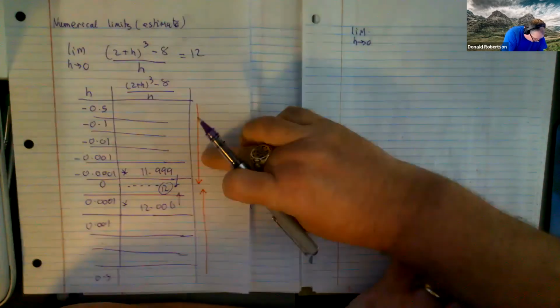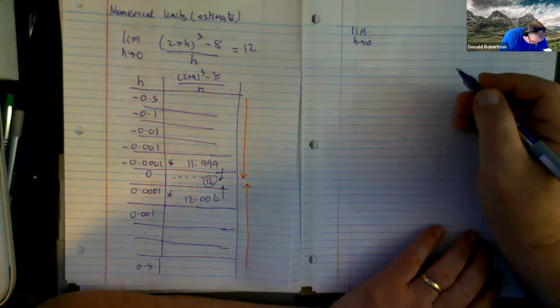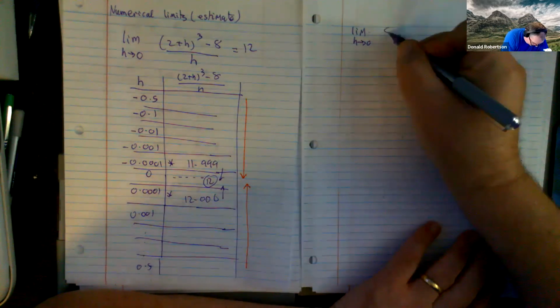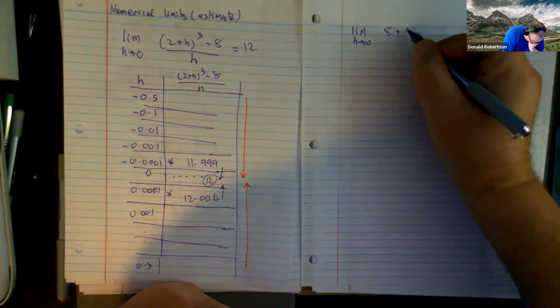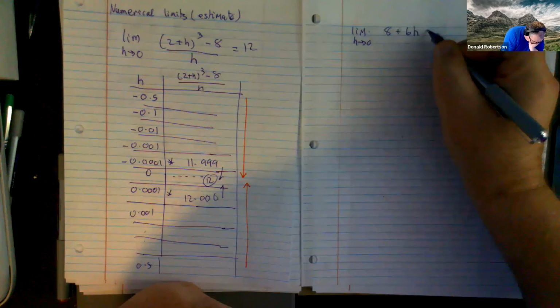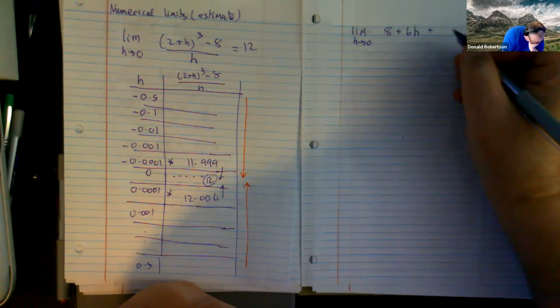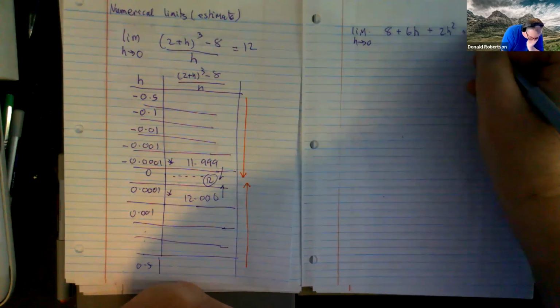If you FOIL out 2 plus h times 2 plus h times 2 plus h, you will get 8. What else will you get? You'll get 6 h's. You'll get 2 h squared, and you get an h cubed.